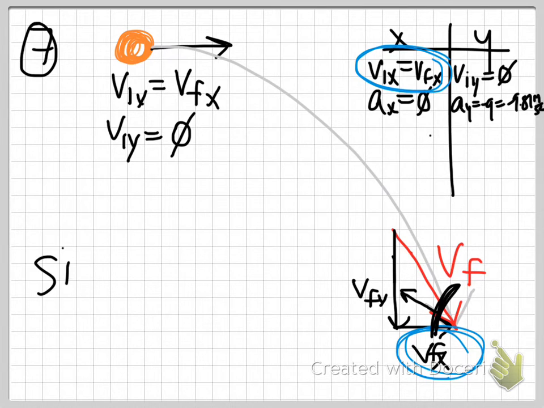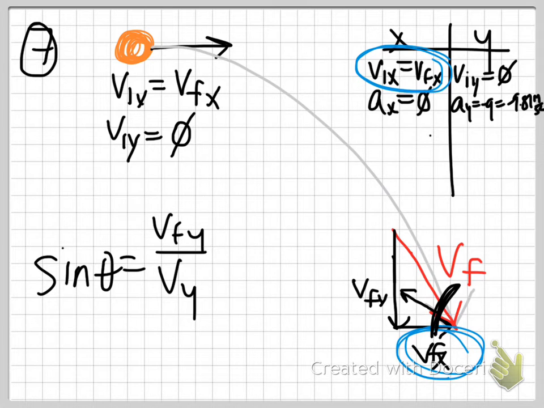Okay. Sine theta equals opposite VFY over VY, hypotenuse. Therefore, sine theta VY equals VFY. So we've got an expression for that.